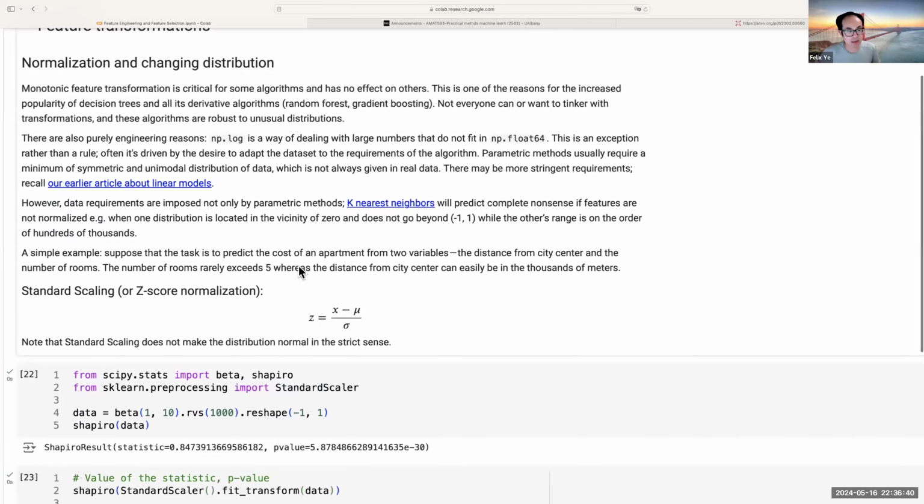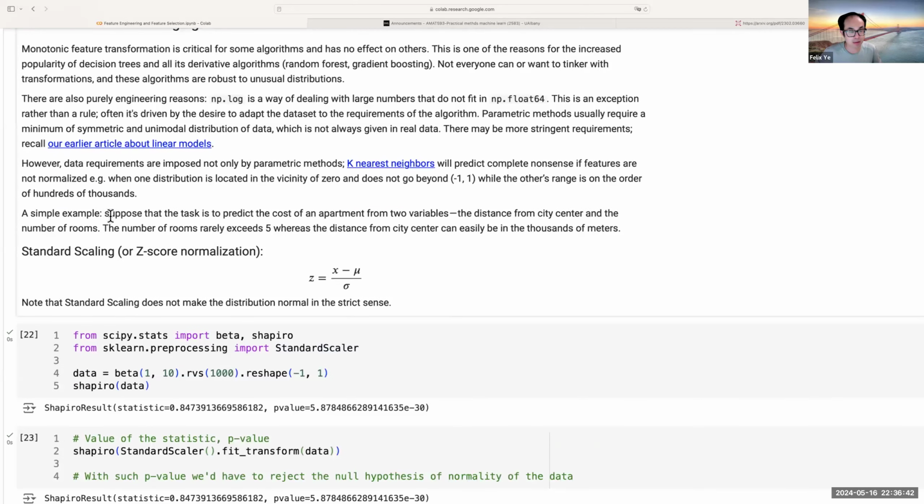Think about the example we talked about: the task is to predict the cost of an apartment from two variables. One is the distance from the city center, and one is the number of rooms. The number of rooms really doesn't exceed 5, however the distance to the city center could be in thousands of meters.